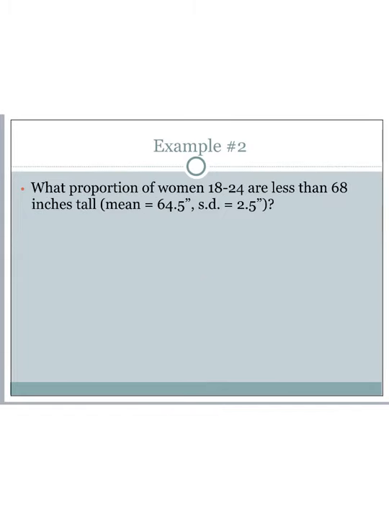Example 2 here, what proportion of women are less than 68 inches using that same mean and standard deviation? And so in this situation here, again, it's asking what's the probability that x is less than 68. So we're going to find that z-score. And again, just pay attention to my notation here.